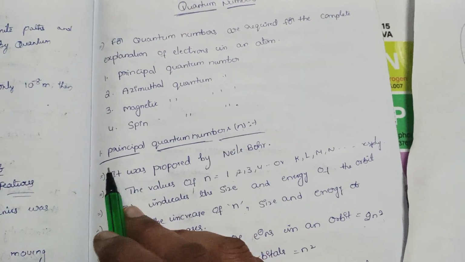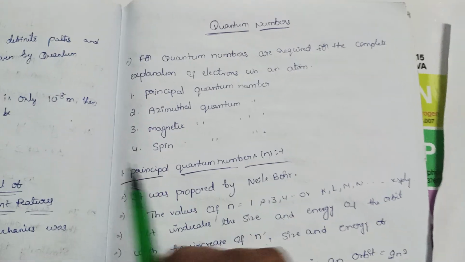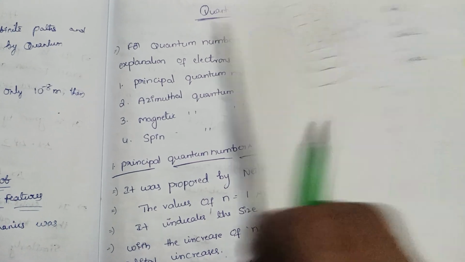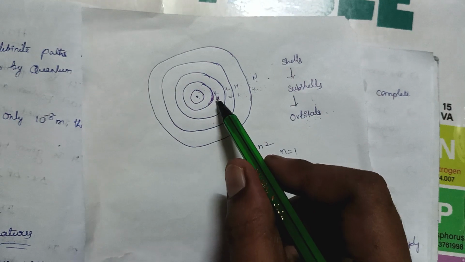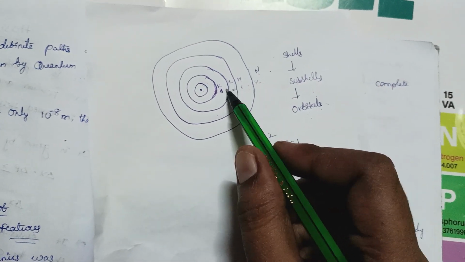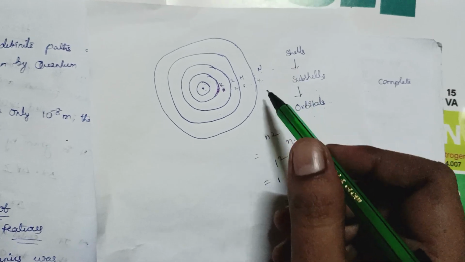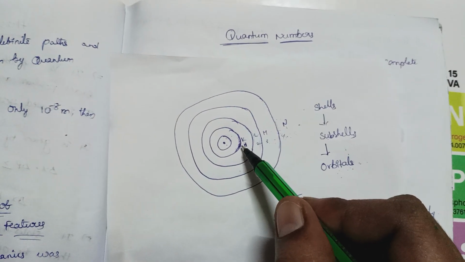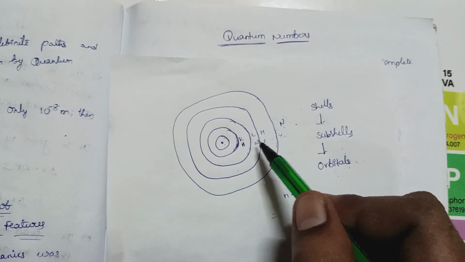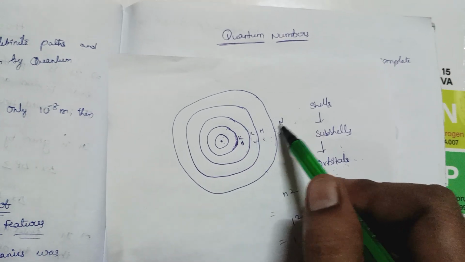The first one is the principal quantum number. It was proposed by Niels Bohr. The n values are denoted as 1, 2, 3, 4 or K, L, M, N, etc. When the n value increases, the size and energy of an orbit increase.